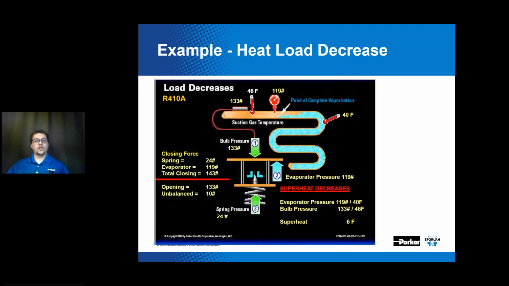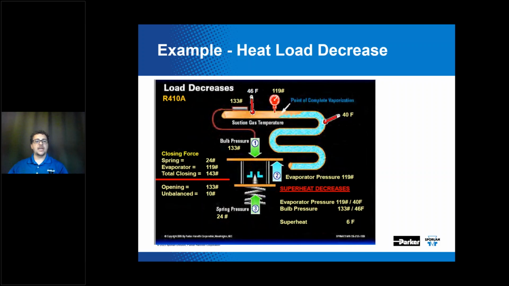So let's look at the opposite example now, where you have a decrease in the heat load. Same system, let's say a 70-degree room, and 5 people leave the room, so the heat load goes down. How does the TEV now modulate in order to maintain that 10-degree superheat setting that it was set to?